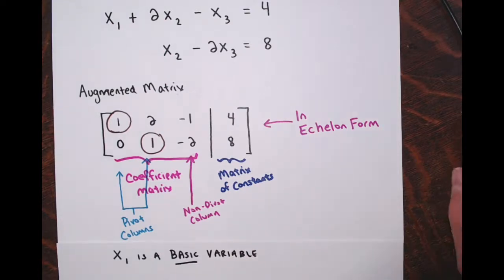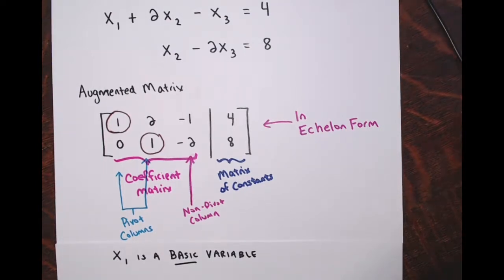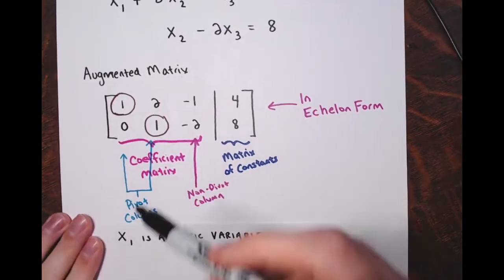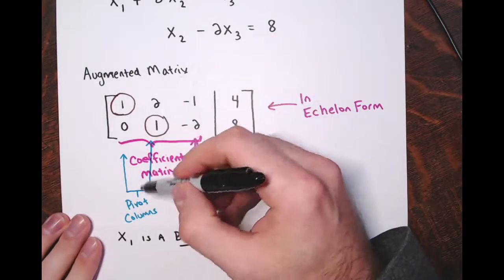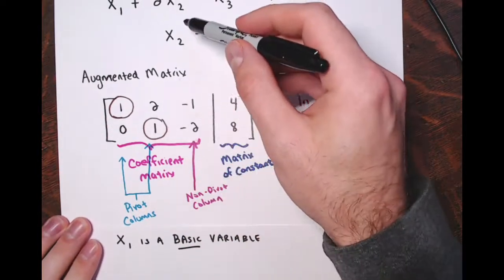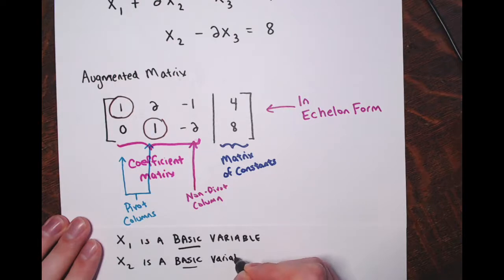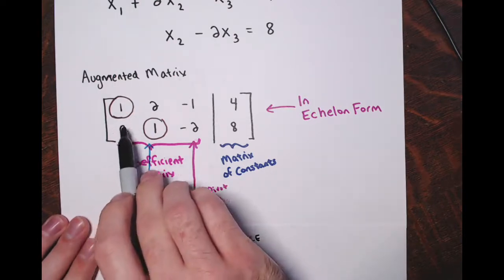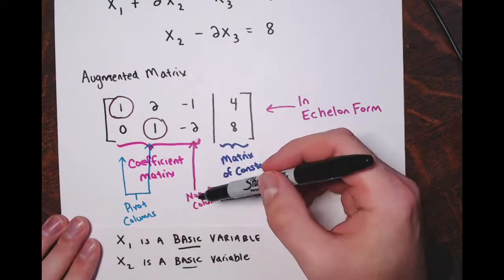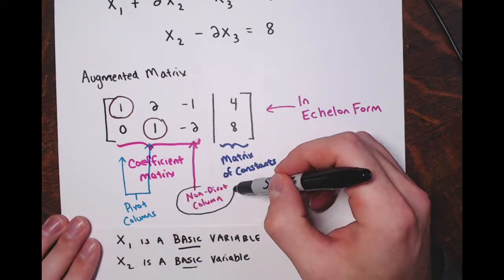The same thing goes for x2. The second column was a pivot column, which corresponds to the coefficients of x2, so x2 is also considered a basic variable. And then any columns in the coefficient matrix that are not pivot columns correspond to free variables.